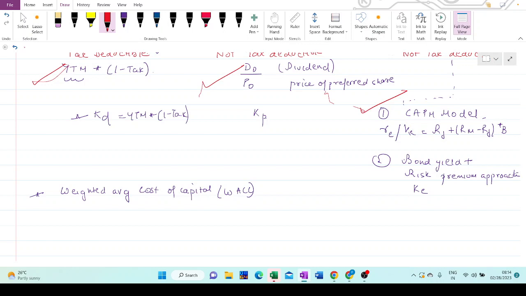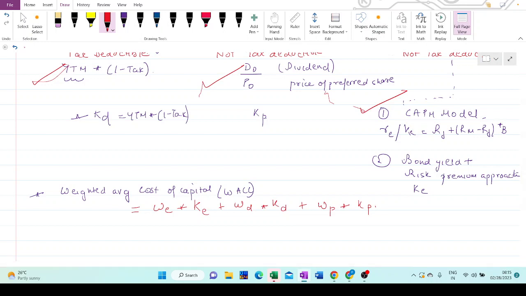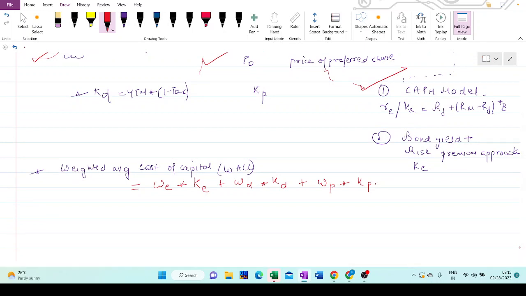So we calculate the weighted average cost of capital as weight of equity into cost of equity plus weight of debt into cost of debt plus weight of preferred equity into cost of preferred equity. Right? This is how we calculate the weighted average cost of capital.